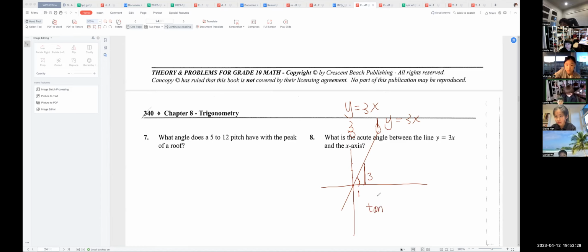So tangent theta equals 3 over 1, which is 3. So tangent -1, 3 equals theta. 这个 negative 不是去除它啊，大家知道的啊。So go to the calculator, do the second function, and do that. Get it, everybody?